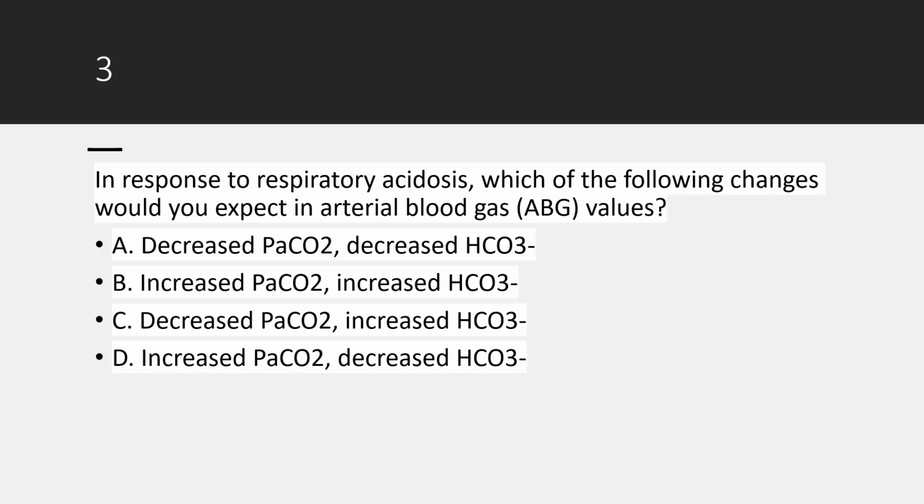Option A, decreased partial pressure of carbon dioxide and decreased bicarbonate. Option B, increased partial pressure of carbon dioxide and increased bicarbonate. Option C, decreased partial pressure of carbon dioxide and increased bicarbonate. Option D, increased partial pressure of carbon dioxide and decreased bicarbonate. Please drop your answer in the comment section.